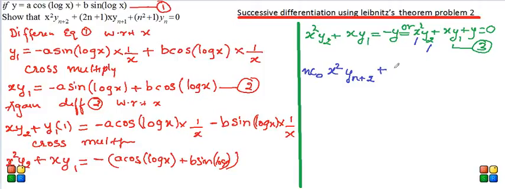Then the second term is nC1, which will be n only. x square differentiation is 2x, and y(n+2) being integrated in a way that is n plus 2 minus 1, so this is n plus 1. Now the next term is nC2, and 2x differentiation is 2, and y(n+1) when integrated becomes yn only. The next step is of no need because differentiation of 2 will be 0, so nC3 will not be needed now.